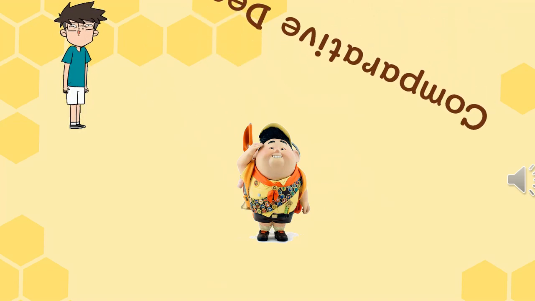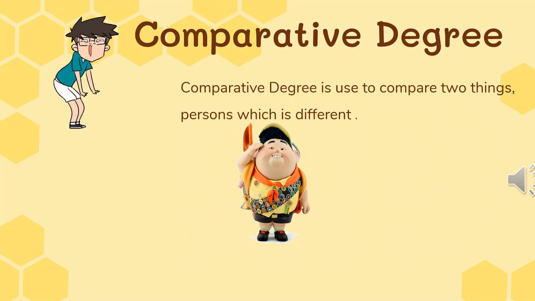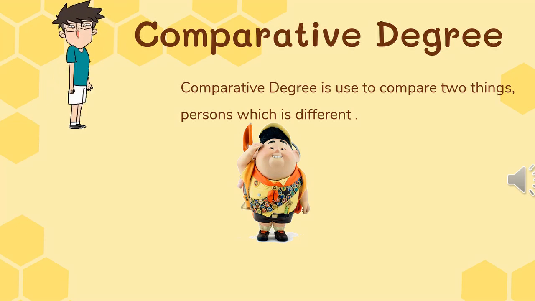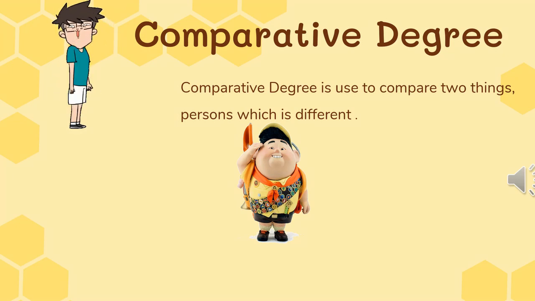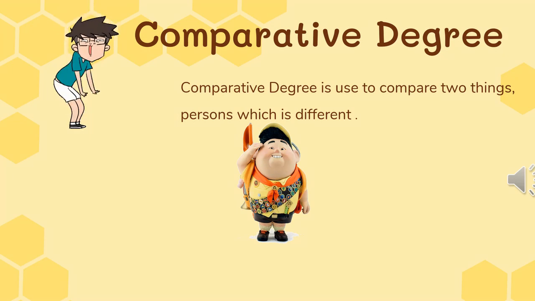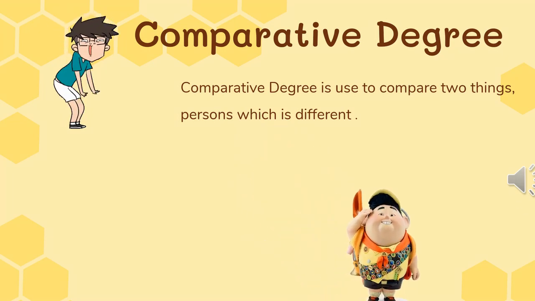Comparative degree is usually used to compare two things, persons, places, or actions, which are different from one another. As you can see, I made a description about houses and persons.